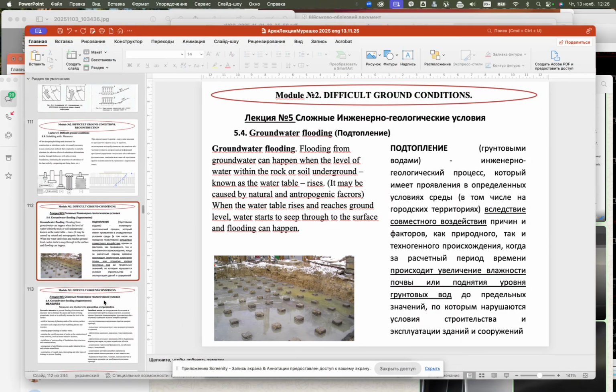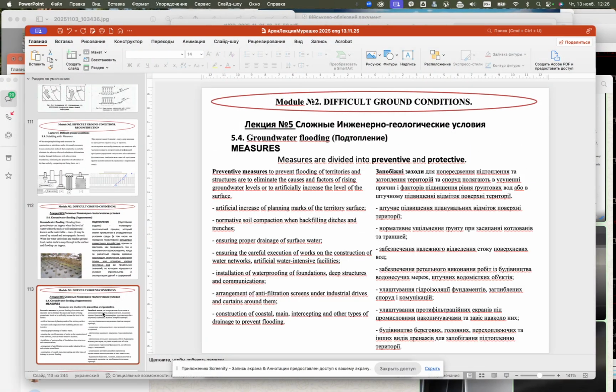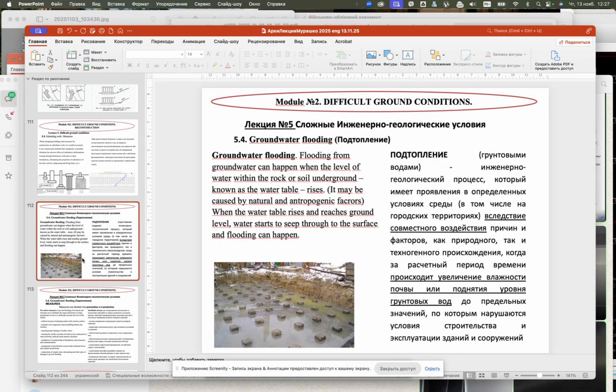And what should we do when we have the probability of this? By the way, how can you define if you have a groundwater flooding hazard on your construction site or not? The only way to know is to make a soil condition report.